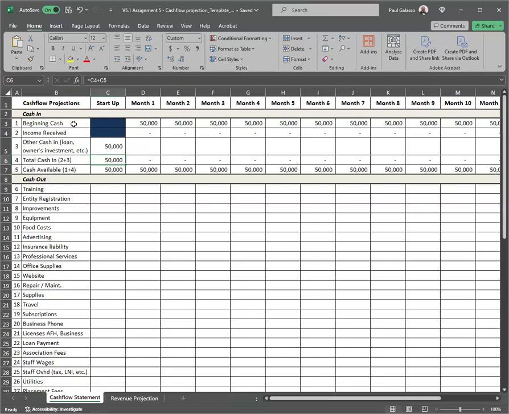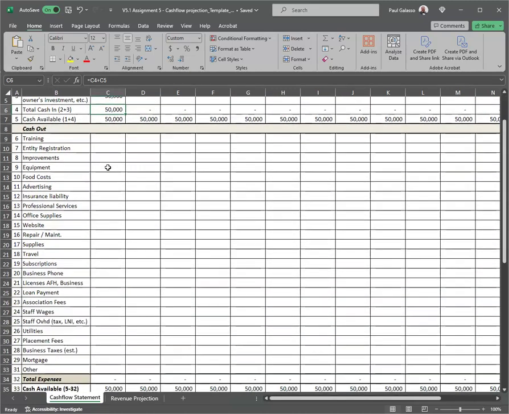So we go back to beginning cash because this is the first setup for our business. We have zero money as beginning cash. And then we add line 4, which is the total cash in for the month, which is that $50,000. So 0 for beginning cash plus 50,000 means that we're starting our startup phase with $50,000. Does that make sense? Okay.